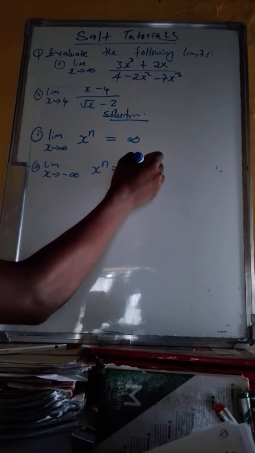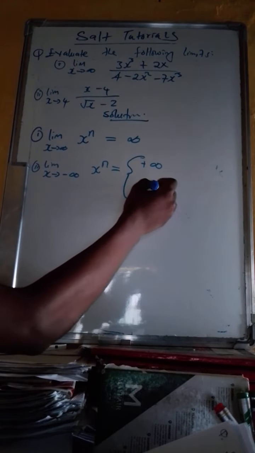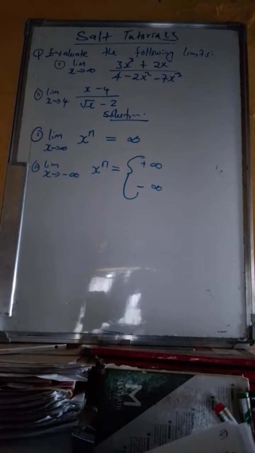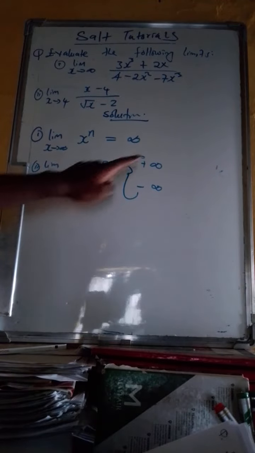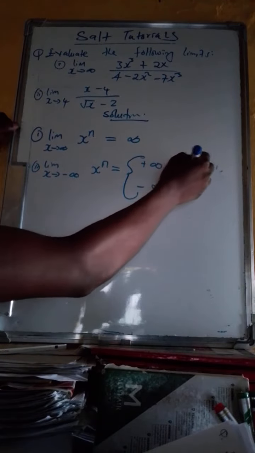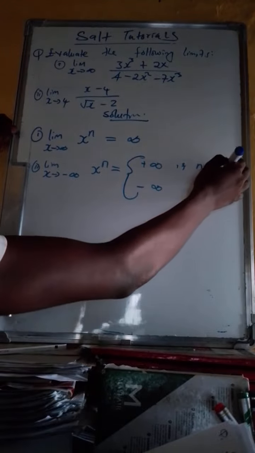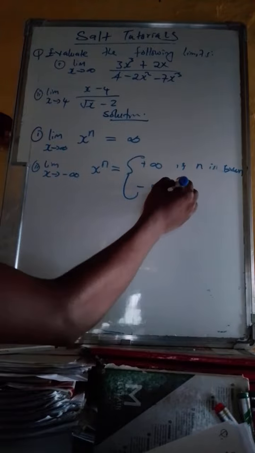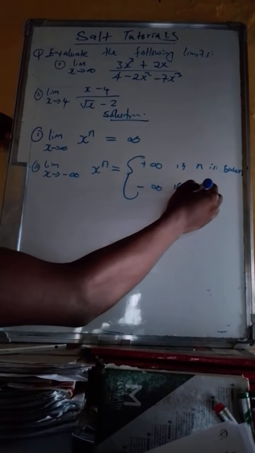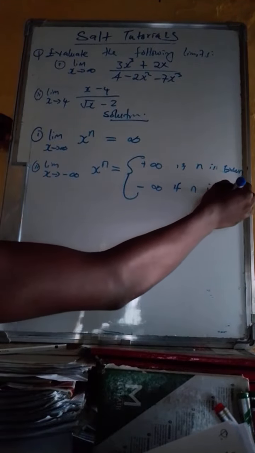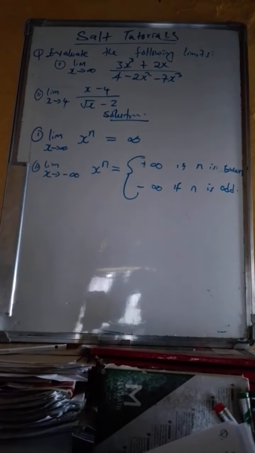It can be either positive infinity or negative infinity. It will be positive infinity if n is even, and negative infinity if n is odd. That's the second rule under limits to infinity.